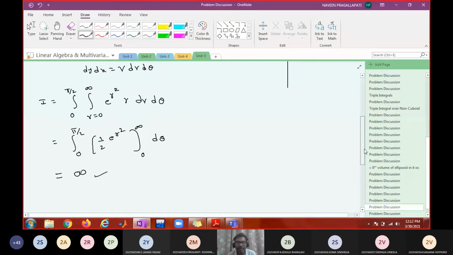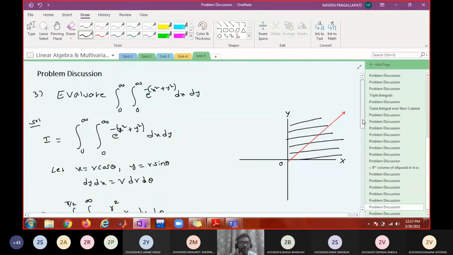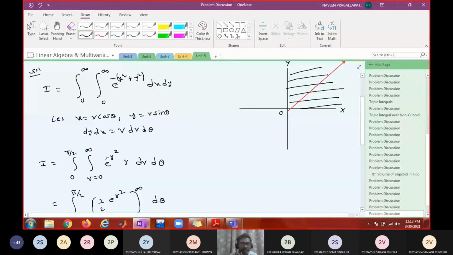Take another problem as problem number 4, e power minus of x square plus y square. Are you following my instructions? So next problem, I am asking you to take it like this. Then what happens in that case? It is going to be minus r square.